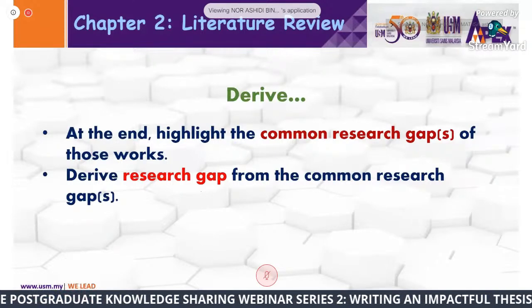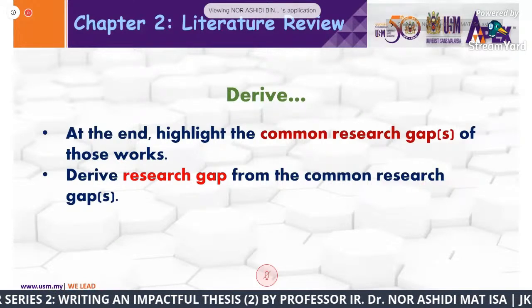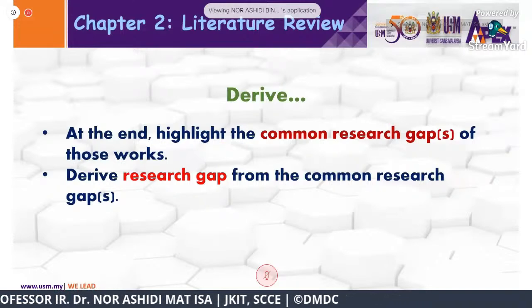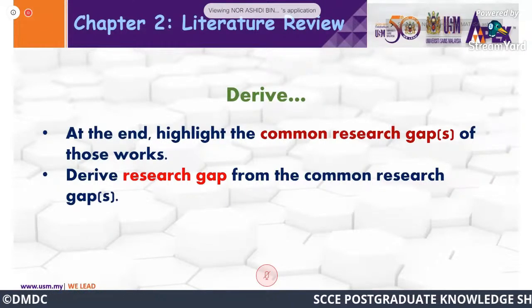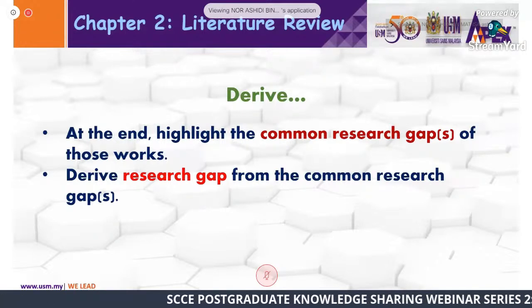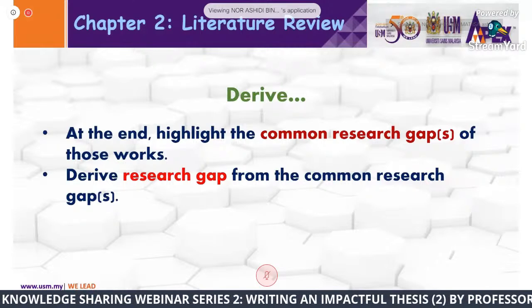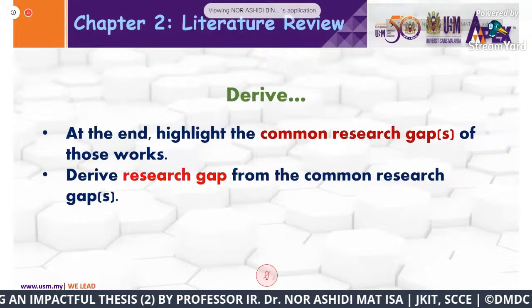Let's say you have 10 systems. You already report the system approach and so on. Then you know the limitation of system number 1. You do the same for system number 2. You identify the problem. You move to system number 3. You identify the problem, and now you have 10 different problems.